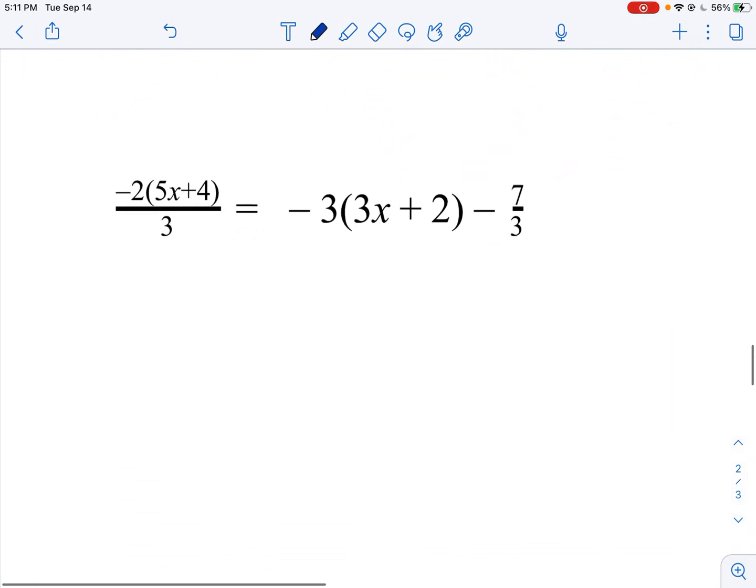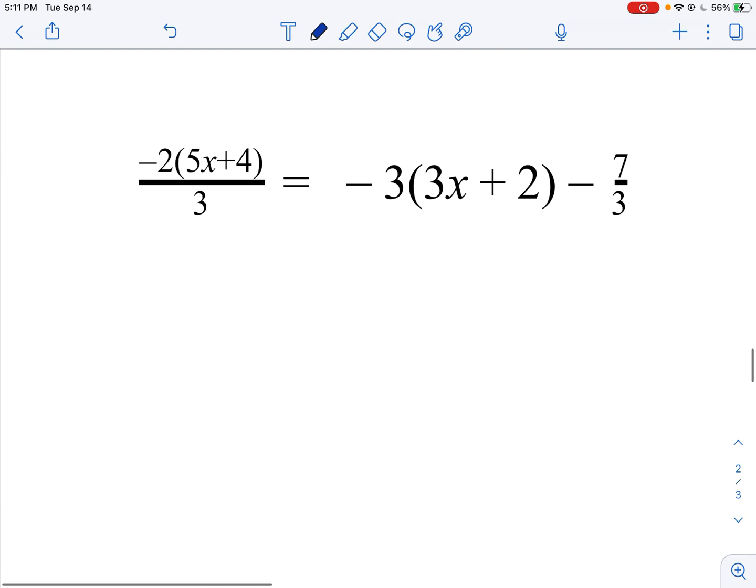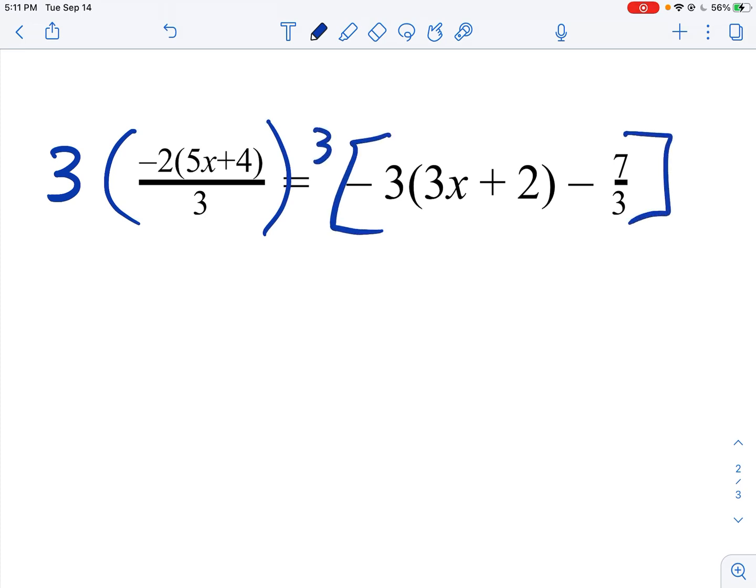Okay, one last problem. Common denominator. The only denominator we have is 3. So we're going to multiply both sides of the equal sign by 3. When I do that, these 3's cancel, and I get negative 2 parentheses 5x plus 4.